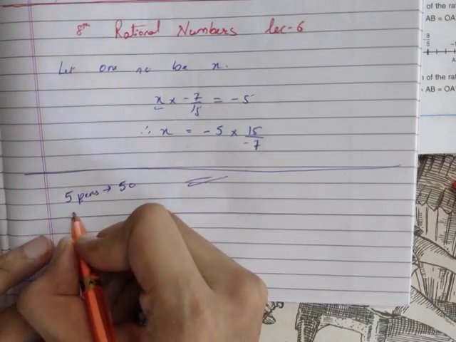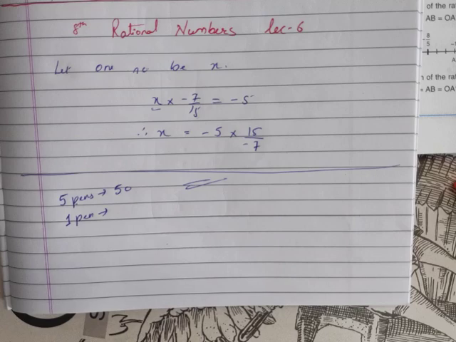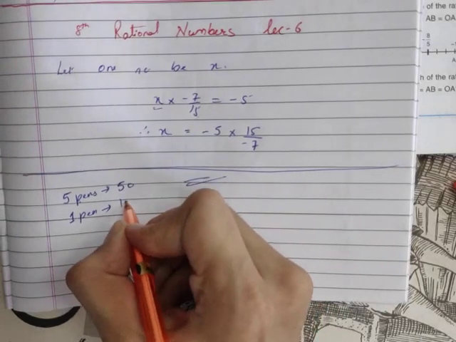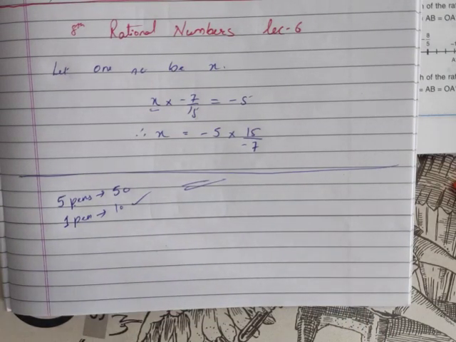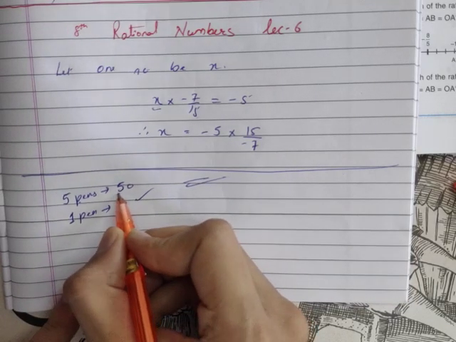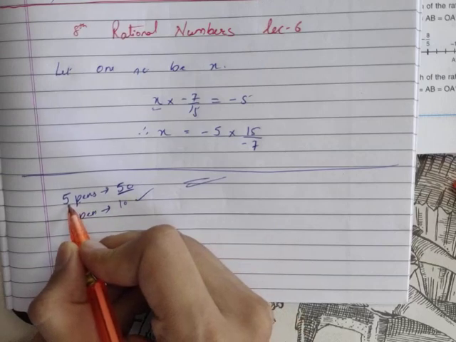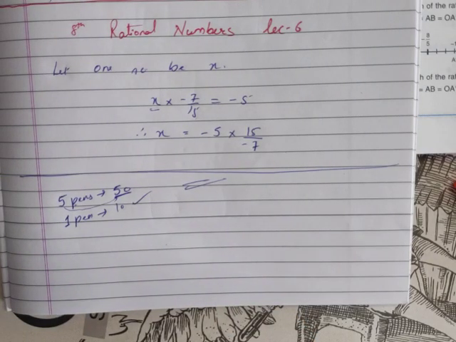Then can you tell me, that means one pen's cost is how much? Did you say 10 rupees? In that case, the answer is correct. Now my question is, how did you get this 10 actually? So what you did is, total cost, that is 50, divided by 5. So 50 divided by 5, answer is 10. Am I right?